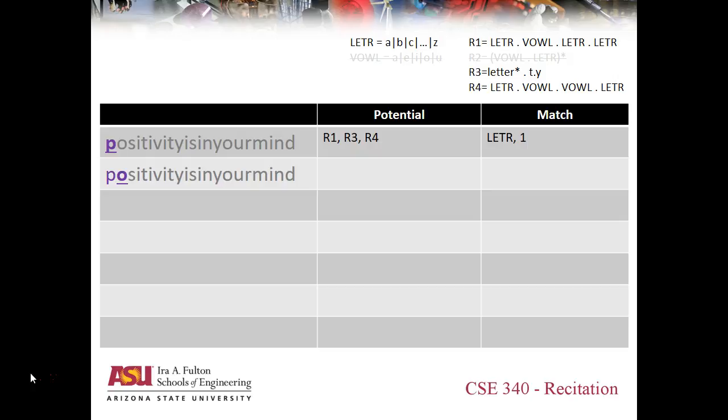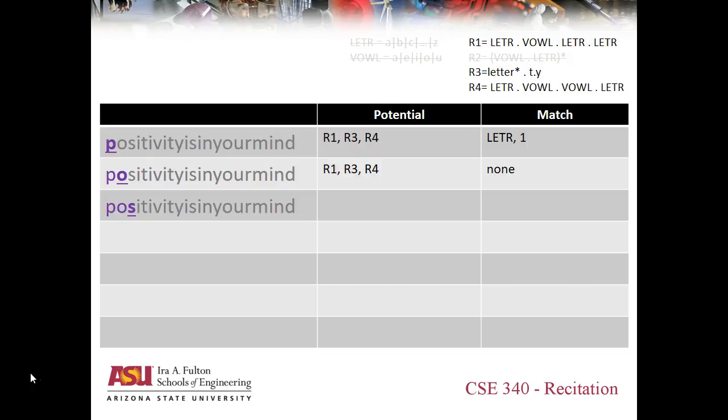R4 is potential. Oh, we lose R3. R3 can be letter repeating infinitely, right? So yeah, they're still the same, with no match on this one. So nothing matches exactly.